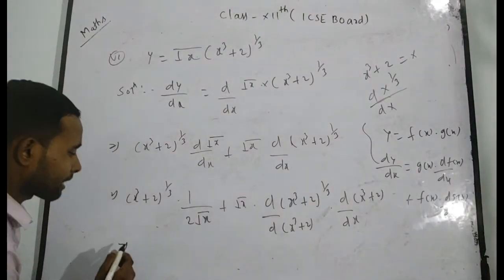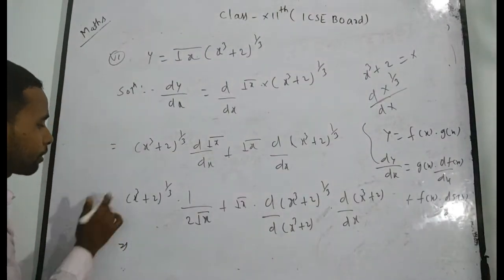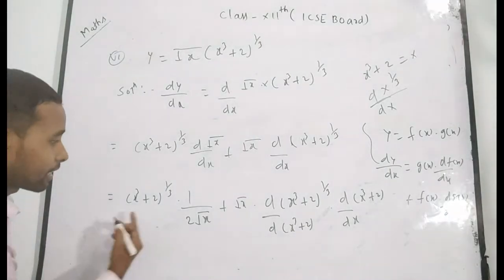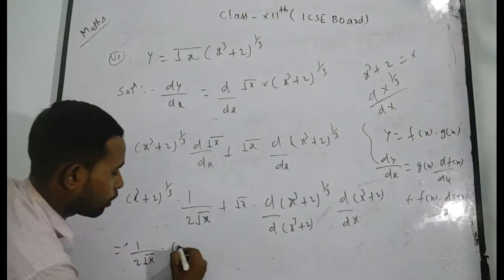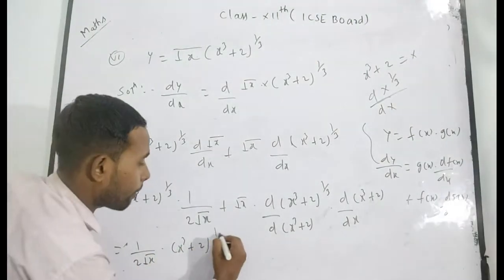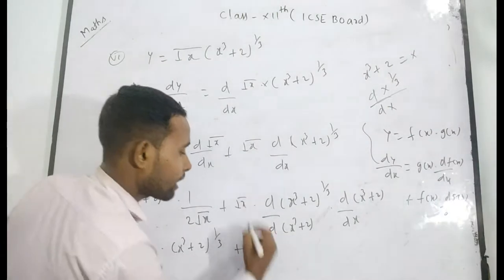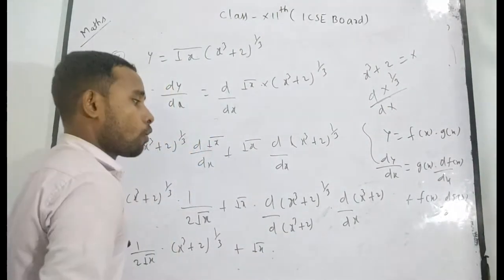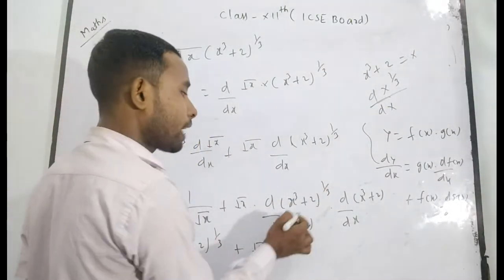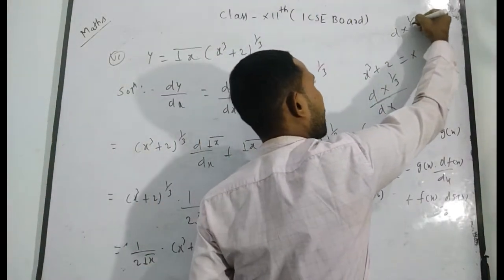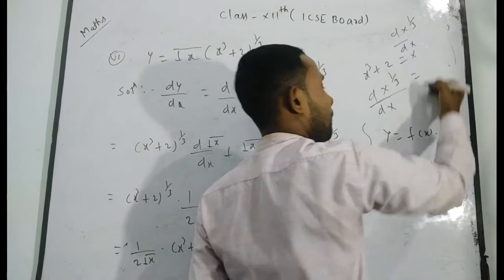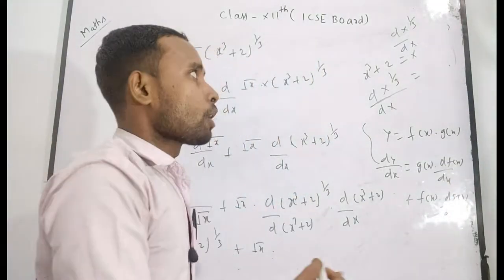Now that implies, or you can simply write the equality sign, it will be 1 upon 2 root x into x cube plus 2 whole to the power 1 by 3, plus root under x into. Now what is the derivative of this term? As you know, I have supposed this term capital X, so the derivative of capital X whole to the power 1 by 3 with respect to capital X will be what? Use the formula. What is the formula?